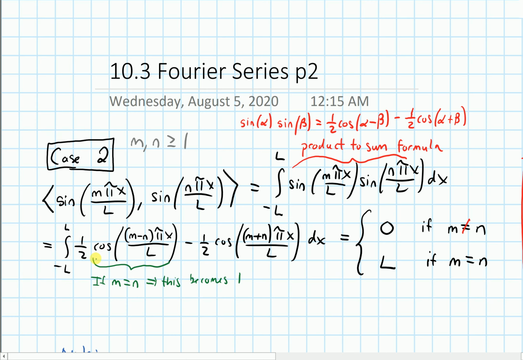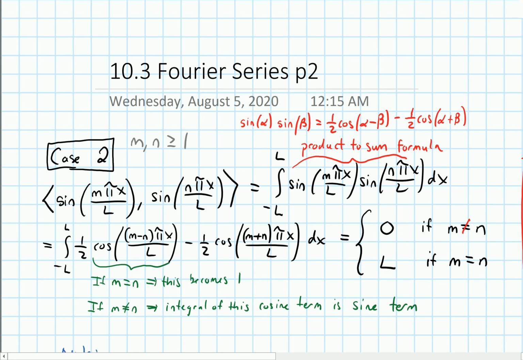So the integral of this part will be non-zero. But if the m and n are not the same, the integral of this cosine term is going to be a sine term.